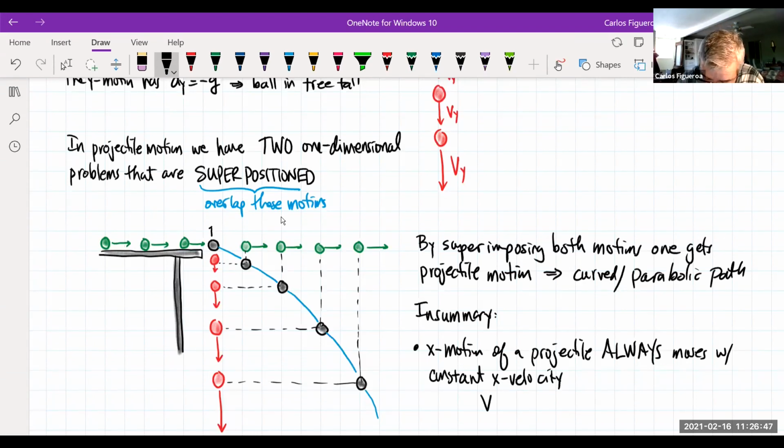In other words, v initial x is the same as v final at any other point. This must be a constant since the acceleration in the x direction is 0.